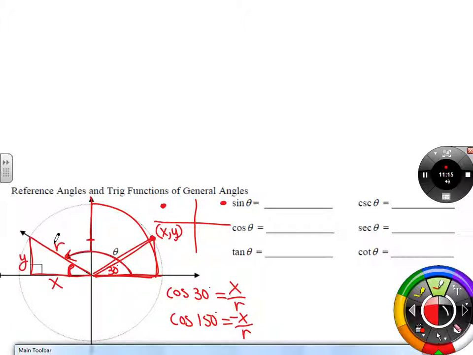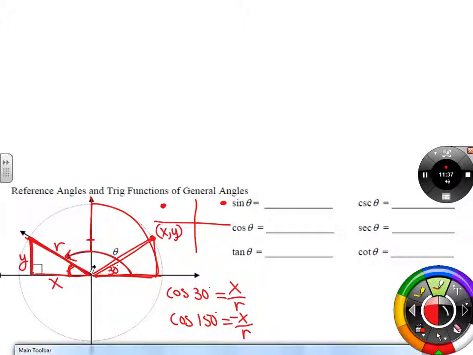So every time you find the sine of an angle, the angle is always going to be around the middle of the circle. Okay? So the opposite side is always going to be this side over here that has something to do with the y coordinate. And the hypotenuse is always going to be the longest part of the triangle, which in this situation is always going to be the radius of the circle. Okay?